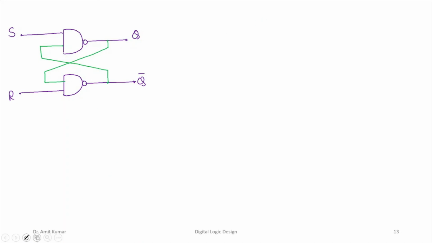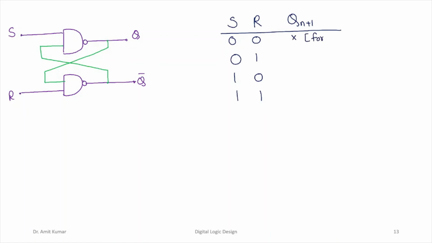If we look at the characteristic table, we have the inputs S and R, and the output state when we apply these inputs. There can be four different cases: 0 0, 0 1, 1 0 and 1 1. We call the 0 0 state the forbidden or indeterminate state.